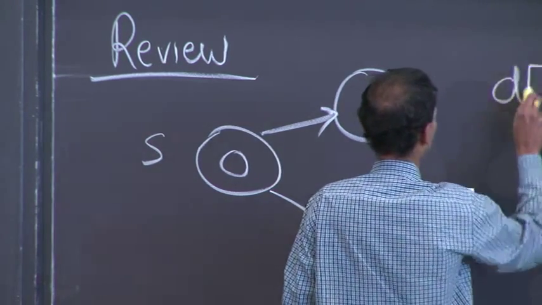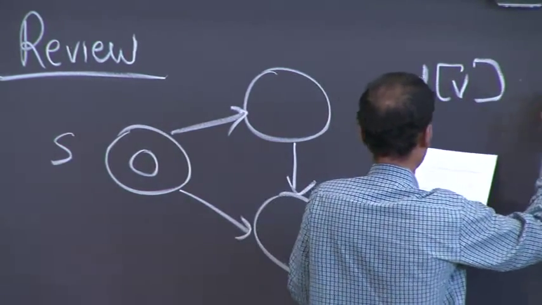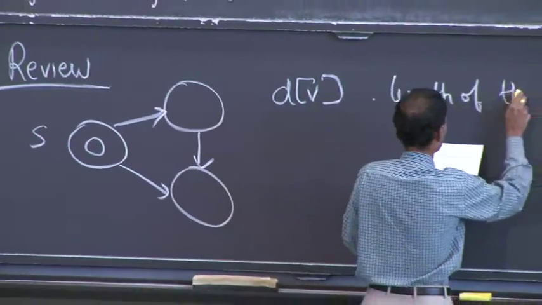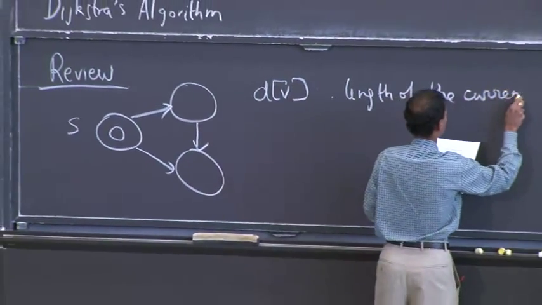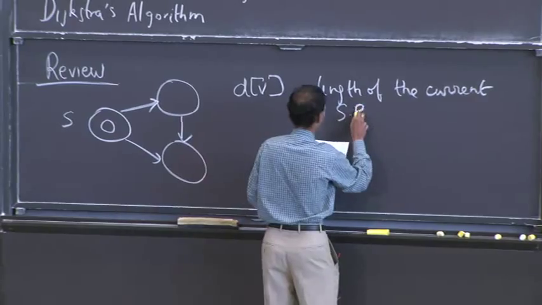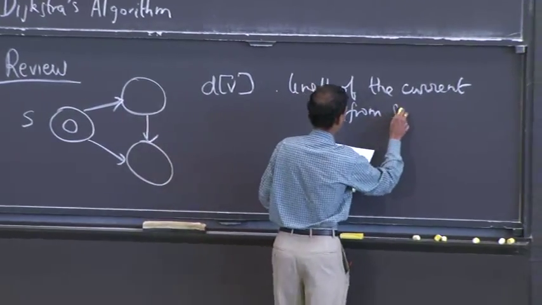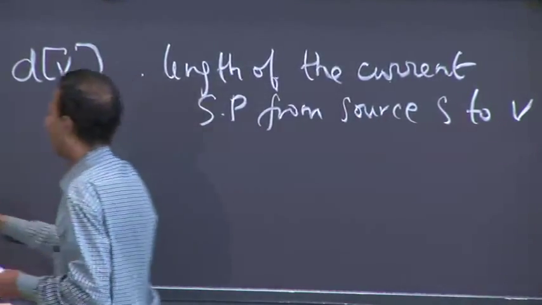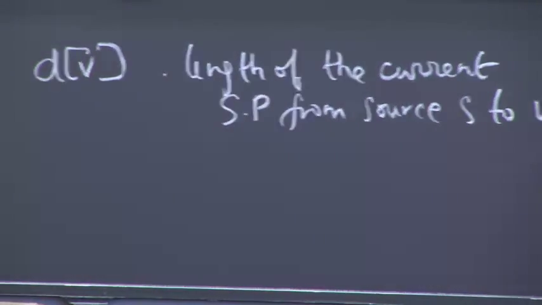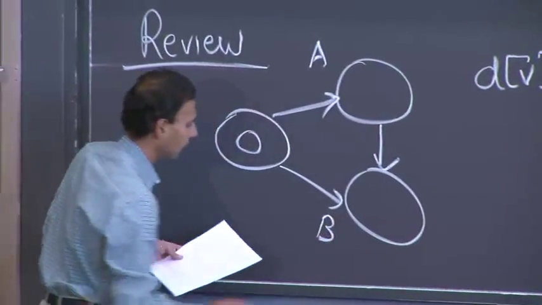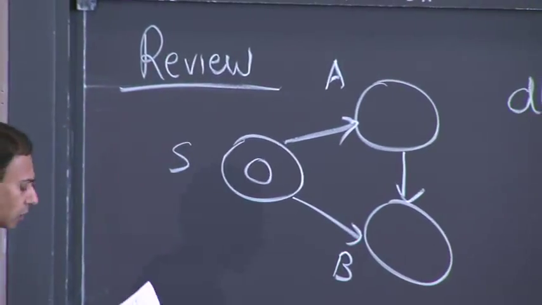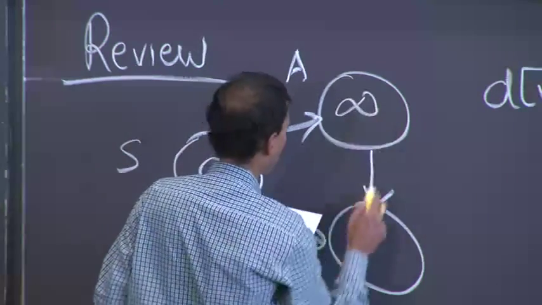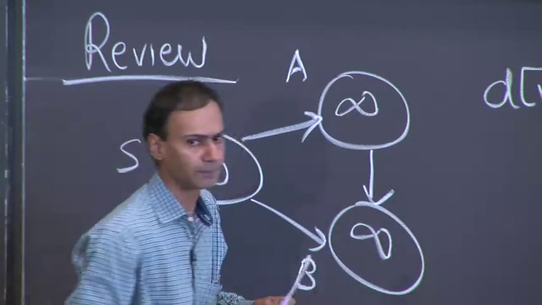So we think of d of v as the length of the current shortest path from the source S to v. And given the source S, the length to the source is 0, so d of s is 0. It starts at 0 and ends at 0. And the other ones are initialized to infinity.